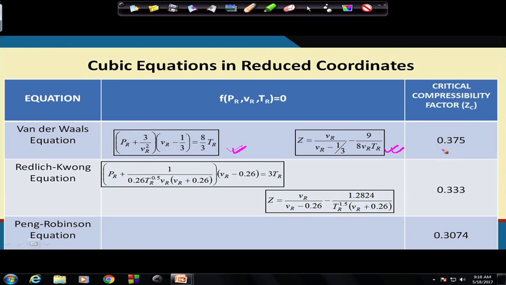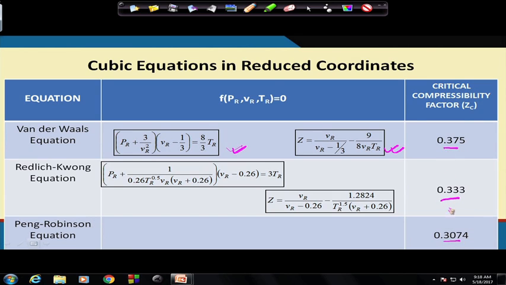But with any cubic equation of state, we find that we can finally express the behavior of any gas using the reduced cubic equation of state in terms of the reduced parameters, in equations that do not have any constants characterizing the gas, and for each particular equation of state we find that they predict a unique value of the critical compressibility factor.